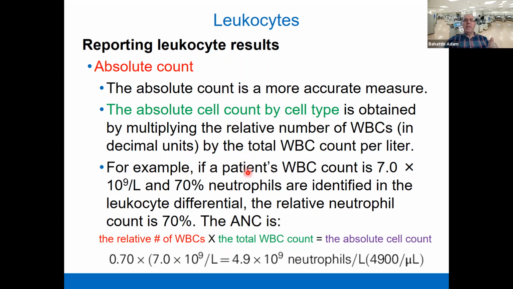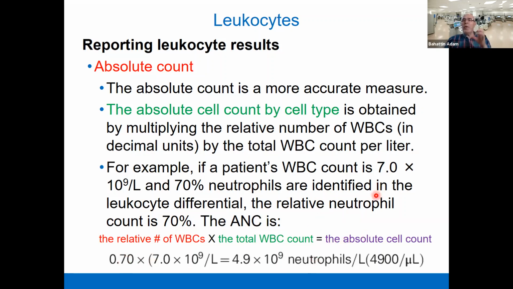For example, if a patient's white blood cell count is 7.0 times 10 to the 9 per liter, and the percentage of neutrophils is 70% in the leukocyte differential, which you obtain by counting 100 white blood cells, then the relative neutrophil count is 70%.